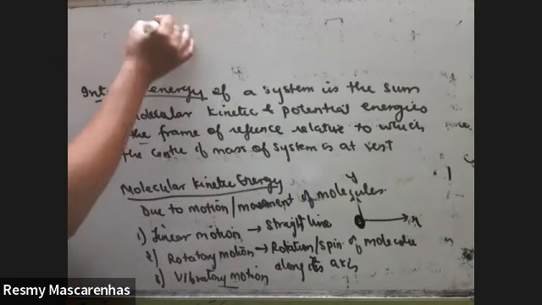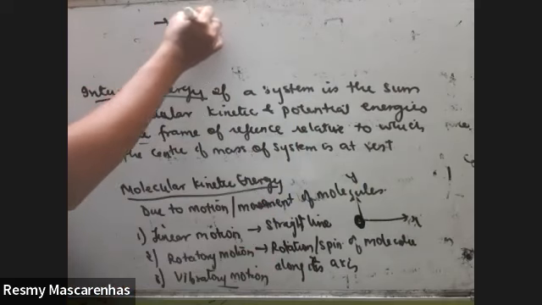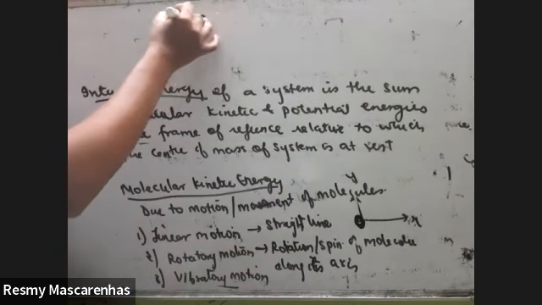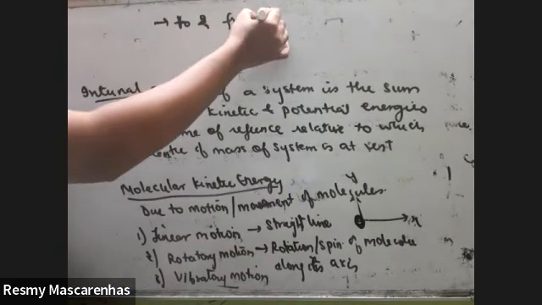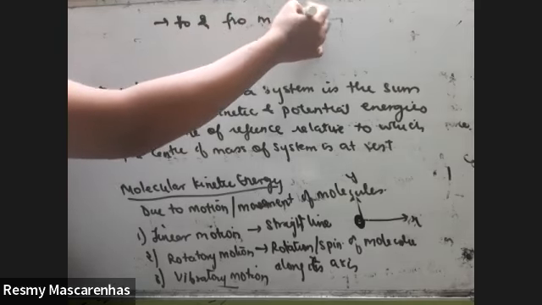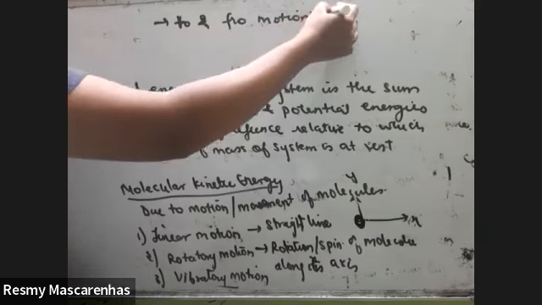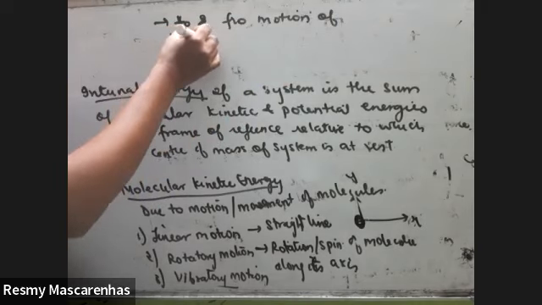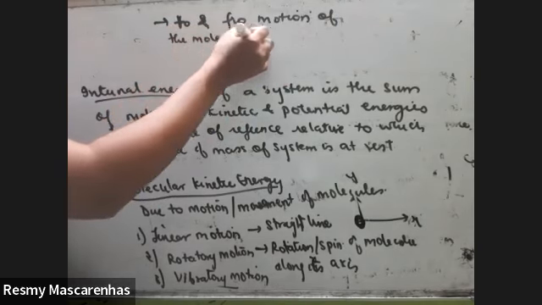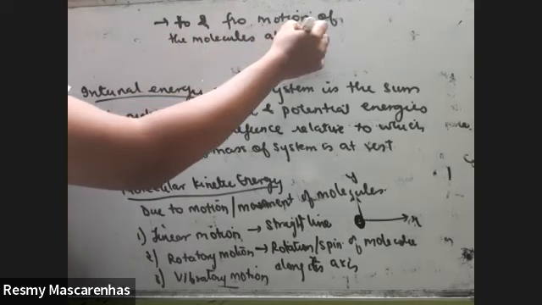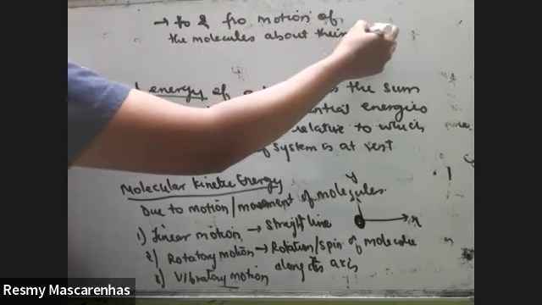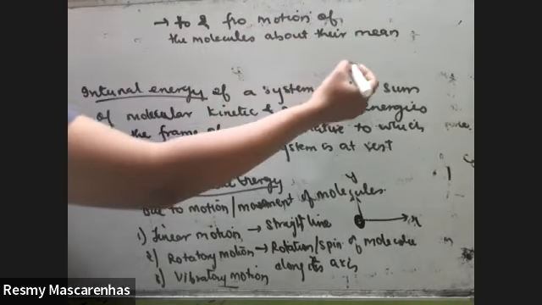So that is just right there. There is no space. To and fro motion of the molecule about their mean position. Mean position means they have a fixed position.